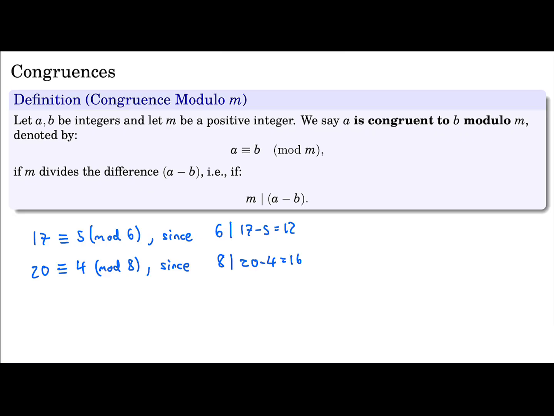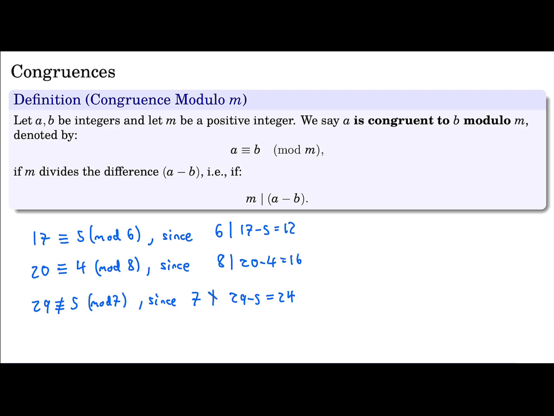And as an example of non-congruence, 29 is not congruent to 5 mod 7. Why? Since 7 does not divide 29 minus 5, which is equal to 24.